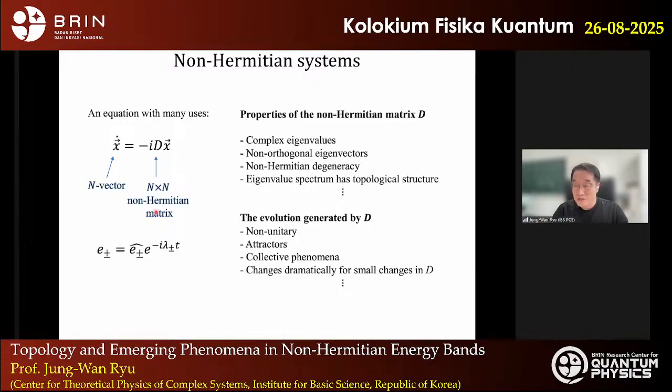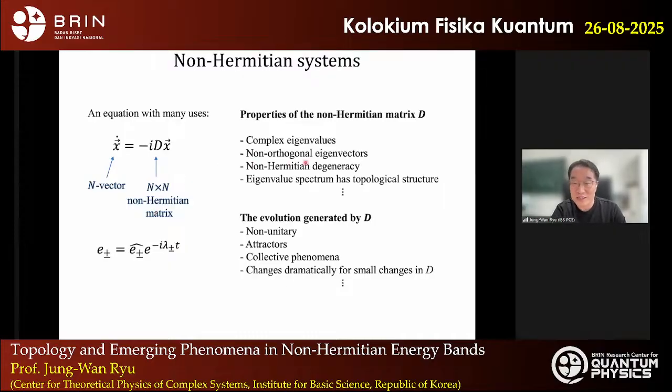So this is degeneracy, but it's totally different from Hermitian degeneracy. In the Hermitian degeneracy case, eigenvalues are the same, eigenvectors are different. But in the non-Hermitian degeneracy case, eigenvalues are the same, eigenvectors are also the same. The name is degeneracy, but Hermitian degeneracy and non-Hermitian degeneracy are totally different.